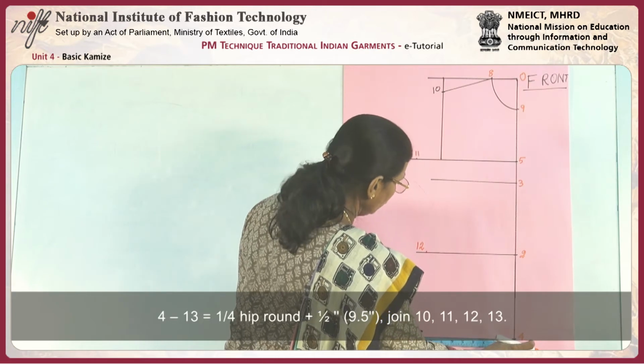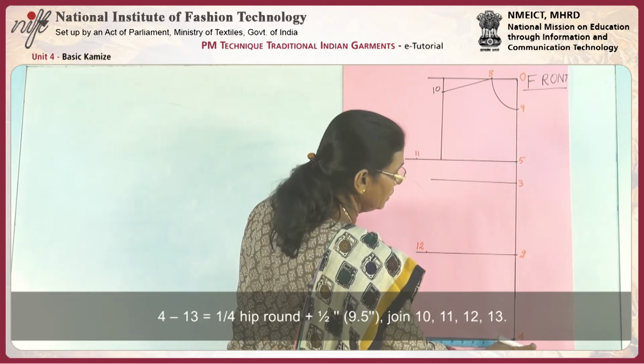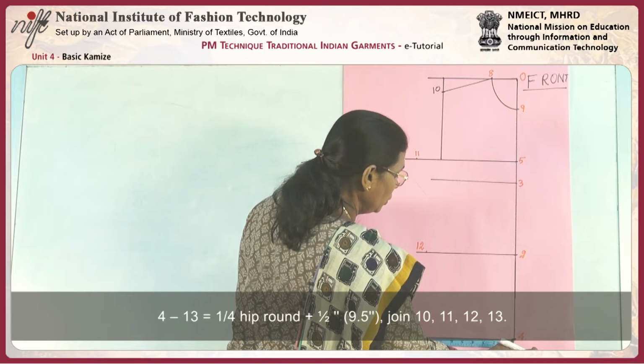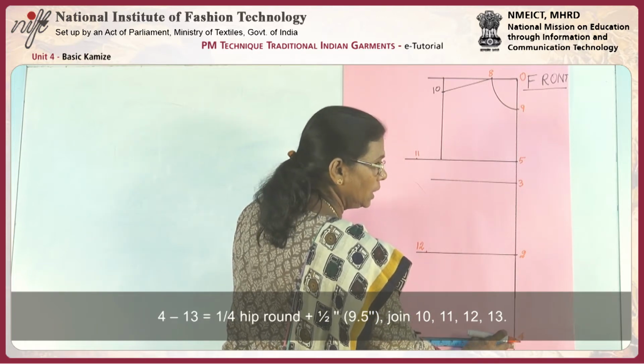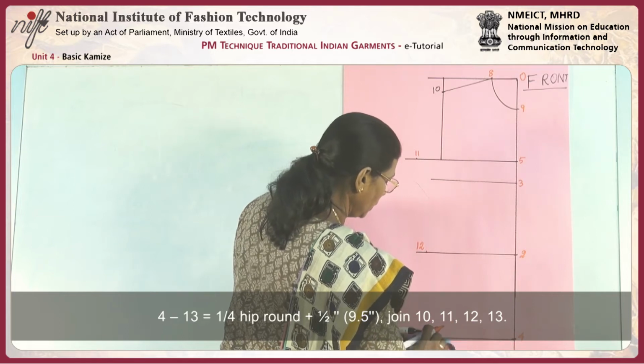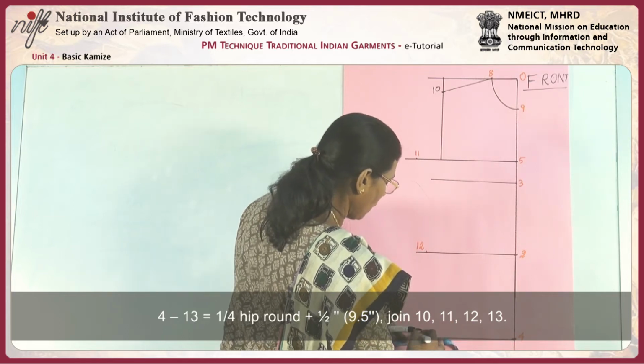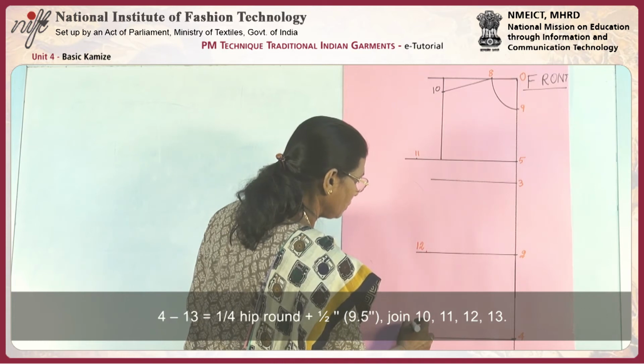And 4 to 13 is 1/4 of hip plus half an inch. Hip is 36, 1/4 is 9 plus half. Mark 13.